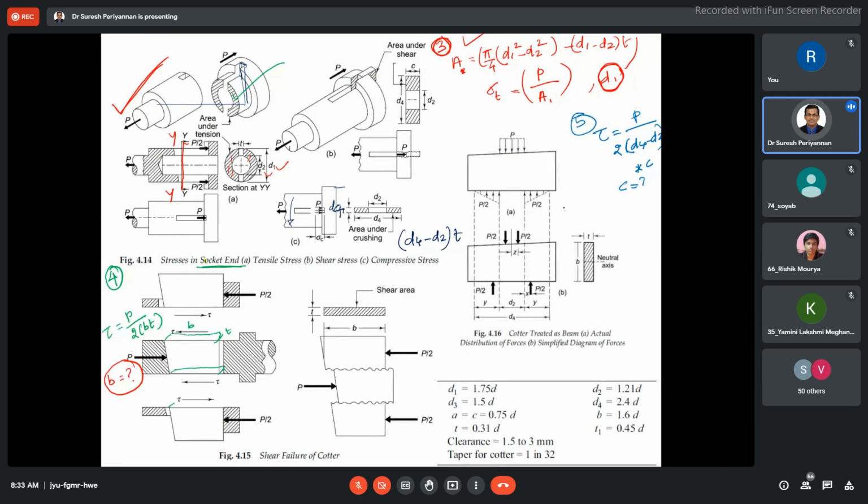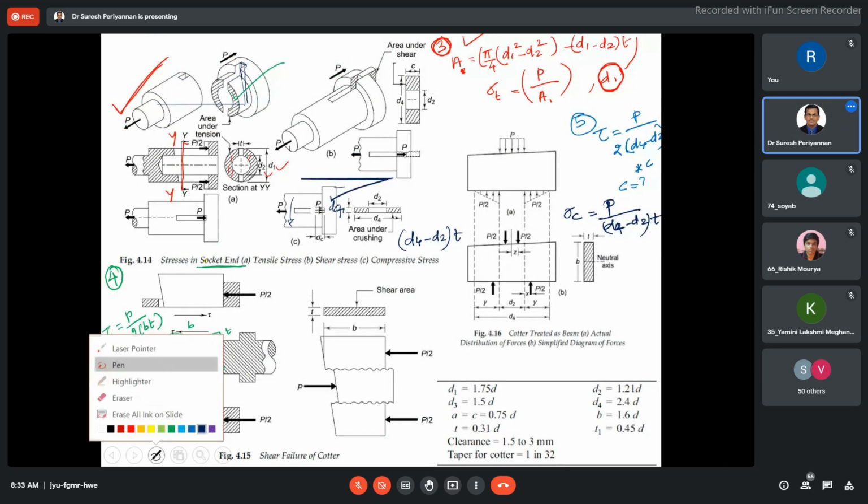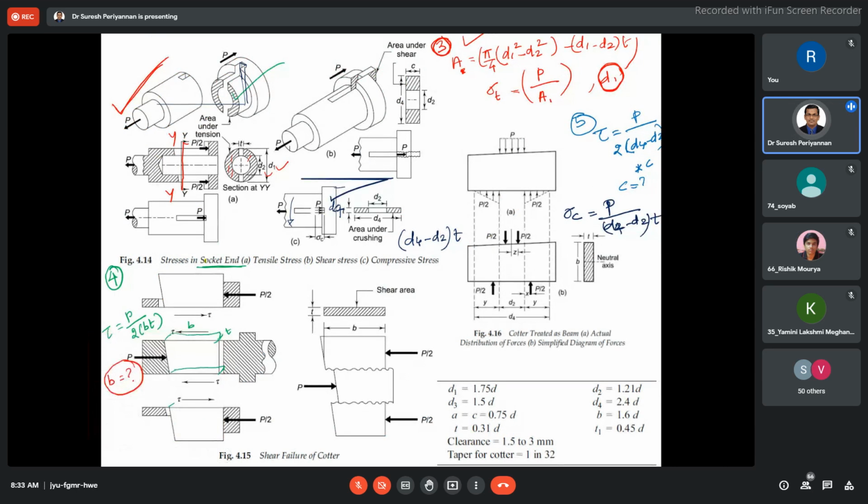Crushing stress sigma C is equal to P by (D4 minus D2) into T. That is the crushing stress in this region. Now, we have discussed the crushing failure in the socket and the crushing failure in the spigot.